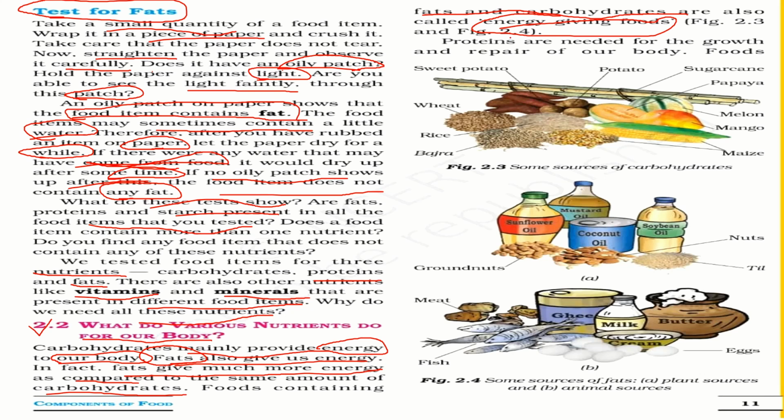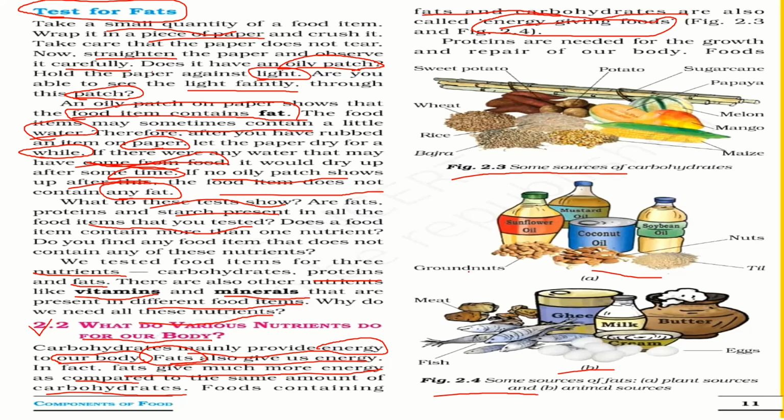In figures 2.3 and 2.4 they have given some examples. Figure 2.3 shows us some sources of carbohydrates like rice, wheat, sweet potato, sugar, papaya, melon, mango, maize. Next, 2.4 shows us some sources of fats, plant sources and animal sources.